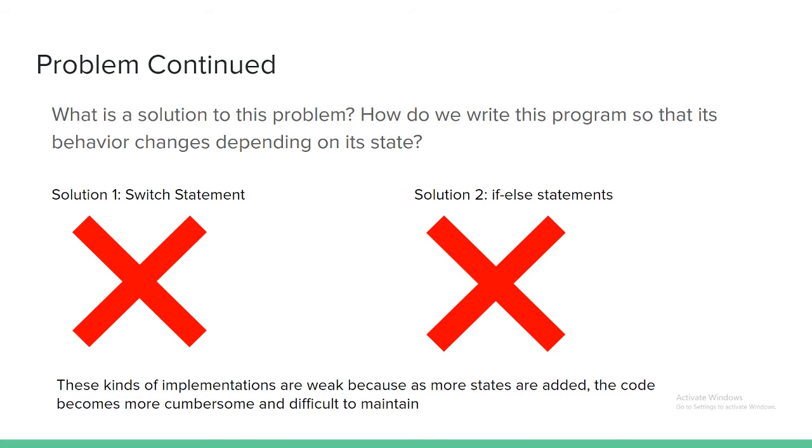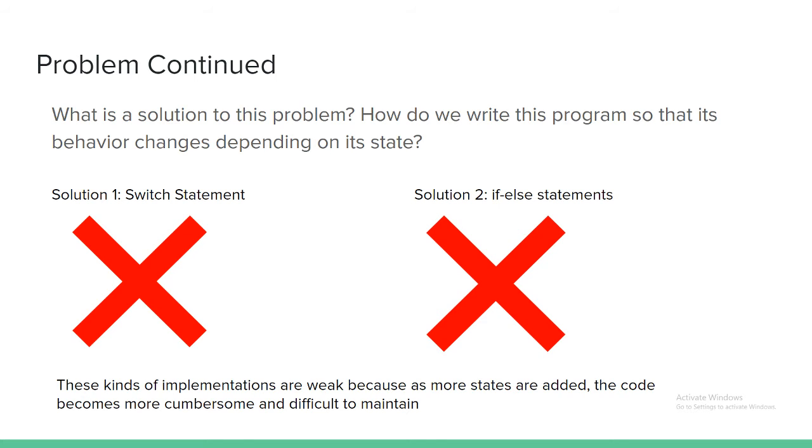Similarly, we could implement a series of if-else statements in a similar fashion to control the player's behavior based on its state, but these implementations are kind of problematic and weak because, as more states are added, the if-else or the switch statement becomes large and cumbersome. So it becomes difficult to maintain in this way, right?